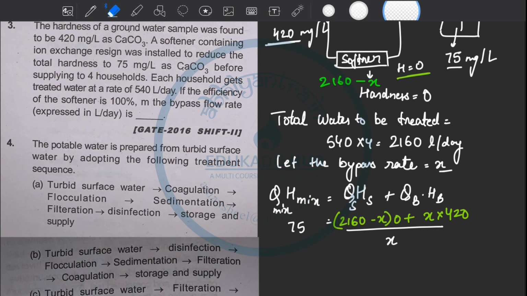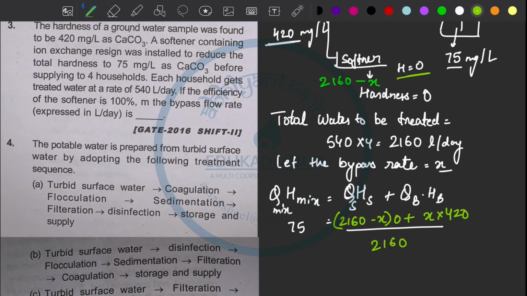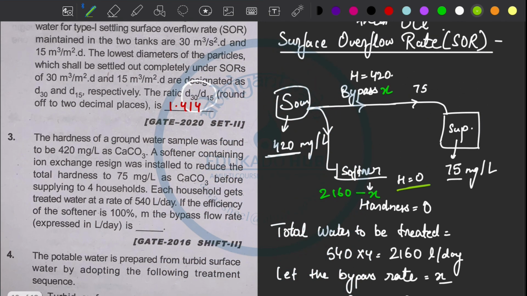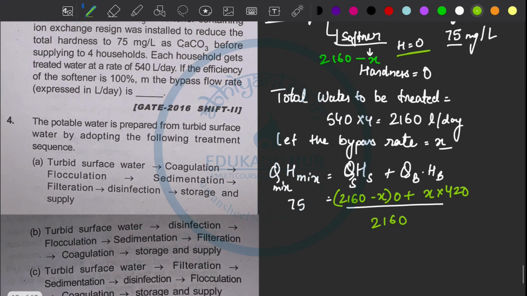The total discharge of the mix is 2160, because this much will be here. So from this we can calculate the value of x.